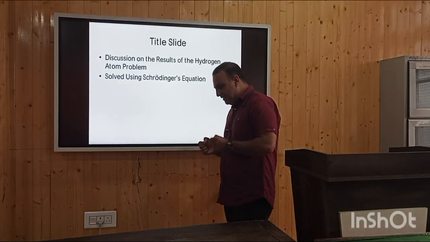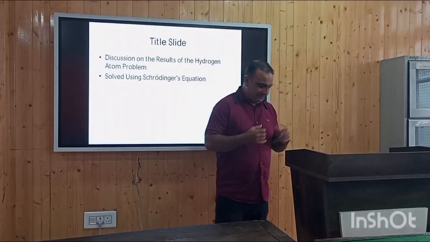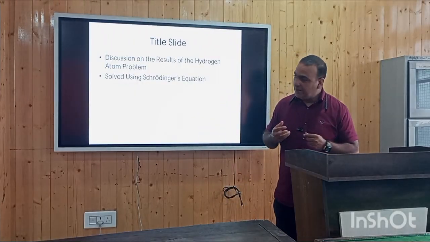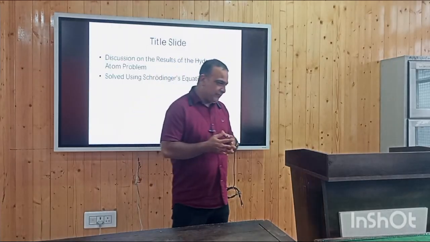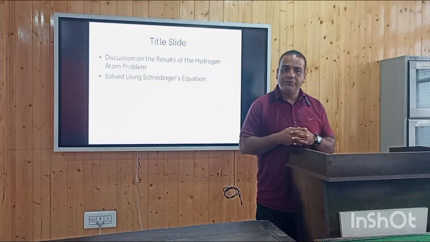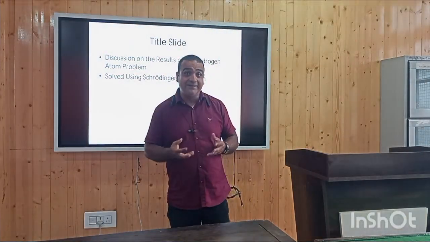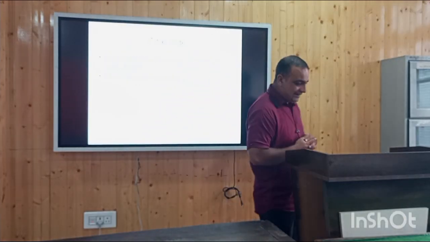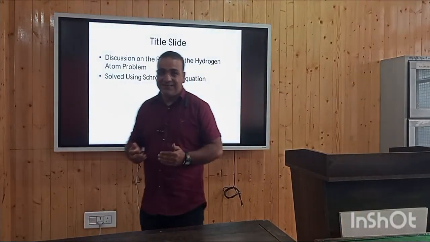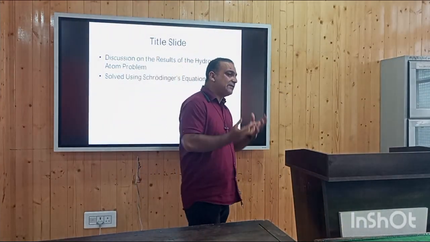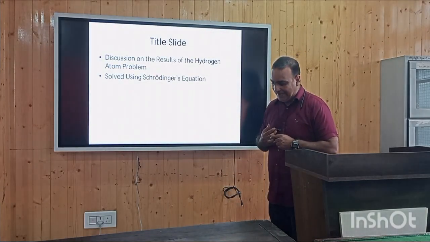Probably this is the lone problem which can be exactly solved, and the solution that we obtain for the hydrogen atom certainly verifies the validity of quantum mechanics itself. That's why it acts as a basic fundamental cornerstone for the field of quantum mechanics.